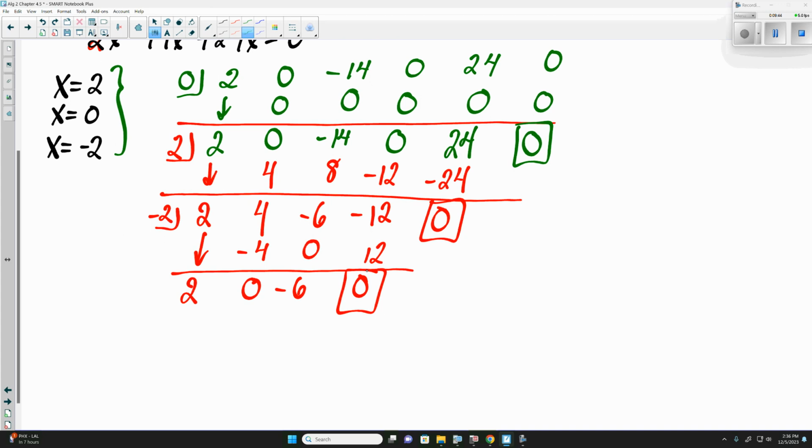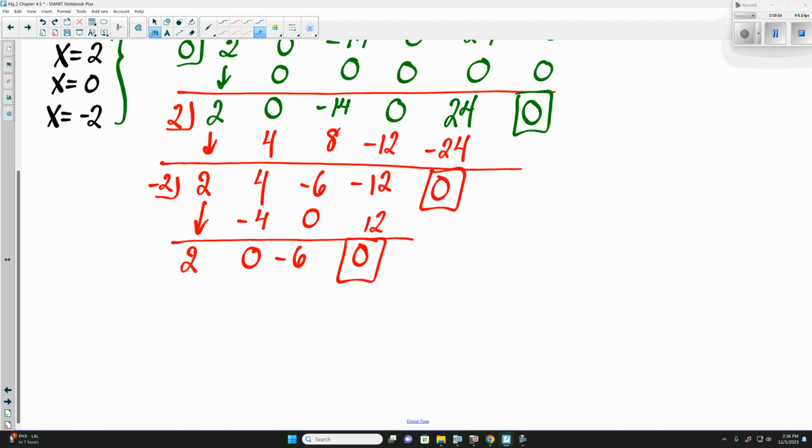Now we don't have any more zeros, or values of x that will make the function be 0. And if we wanted to, we could try 0, 2, or -2 again. I would not write this down, but I'm going to show you this here, because if I tried 0, 0 times 2 is 0, 0 plus 0 is 0, 0 times 0 is 0, and -6 plus 0 is -6. It gives us a remainder of -6. So 0 is not a solution twice.